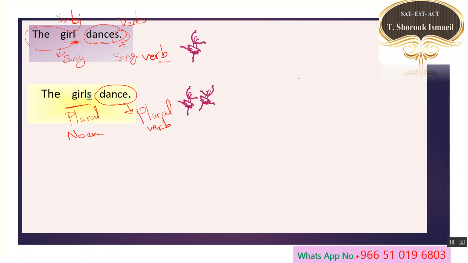In order to change the subject from singular into plural, we added an S. But in order to change a verb from the singular case into the plural case, we eliminated the S, or we dropped it. This is how we change from singular into plural.